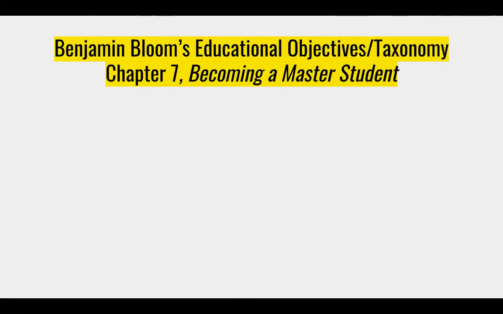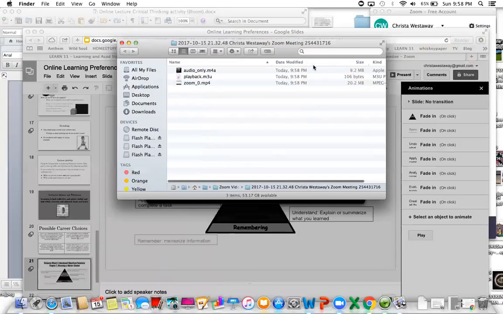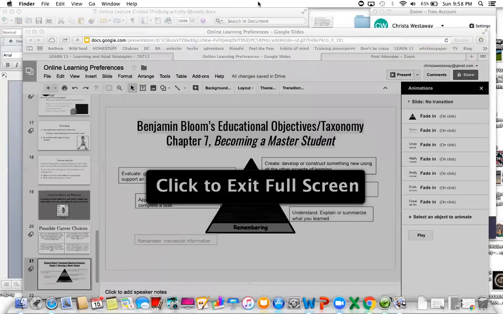If you are interested in learning how this applies, you'll do the activity. I would like you to please listen to the lecture part of these slides, but the activity itself is for you to apply what you're learning.